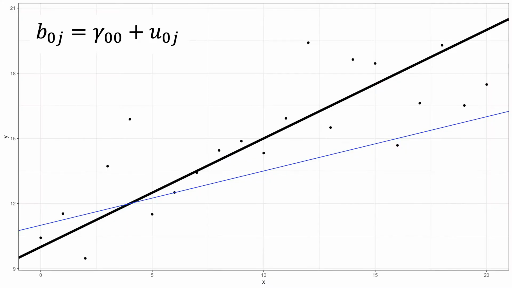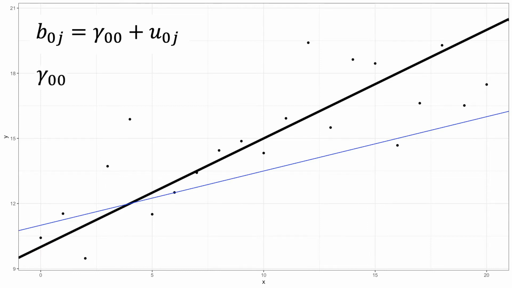And the second subscript is always going to be 0 for the fixed parameters, just to indicate that these are the fixed parameters. Just like before, we have a U, but this time instead of 0j, it's 1j, because again, it's referring to the slope. Let's say that that intercept is 10, and that intercept for that group is 11.